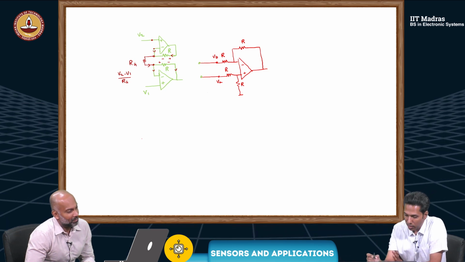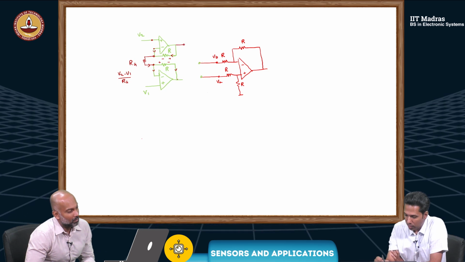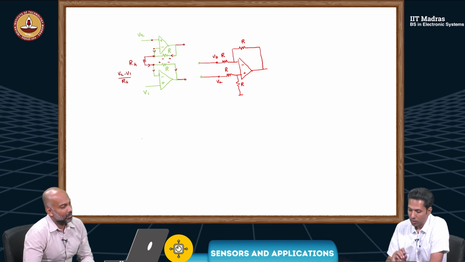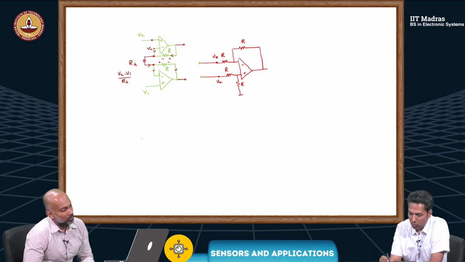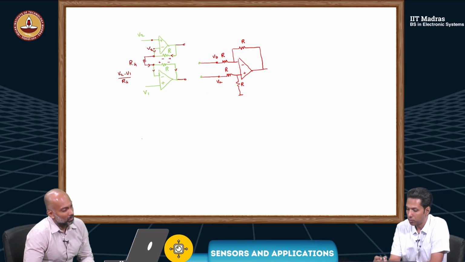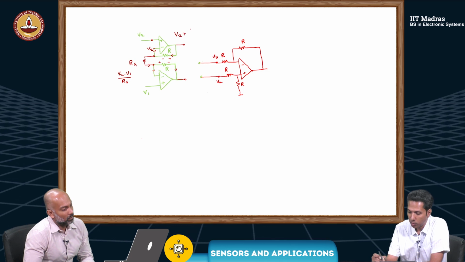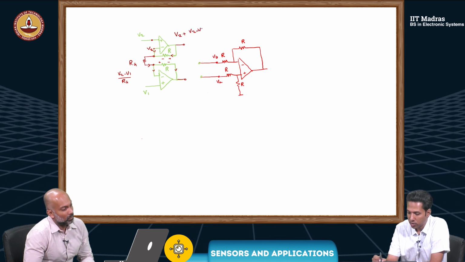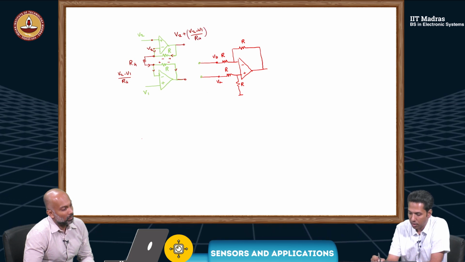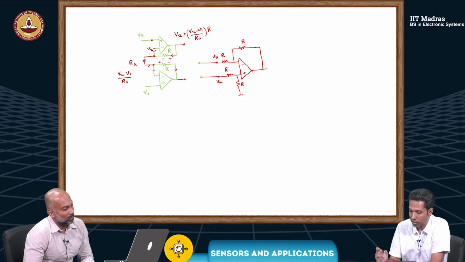Now we can look at what is the actual voltage available here and here. So we said this is V2. So V2 plus this drop will be this voltage. So this will be V2 plus V2 minus V1 by RG, that's the current, into R. That is the voltage here.